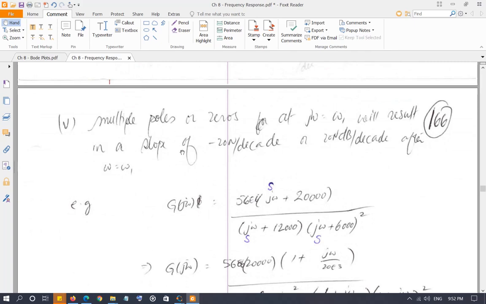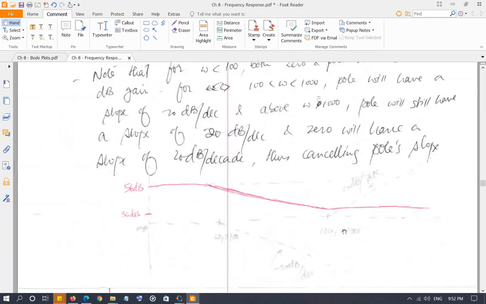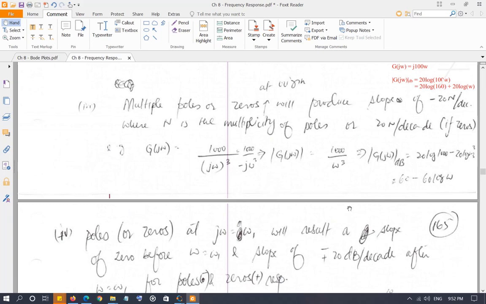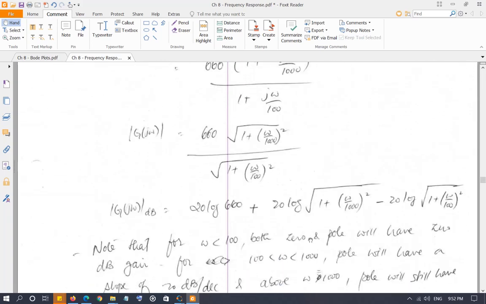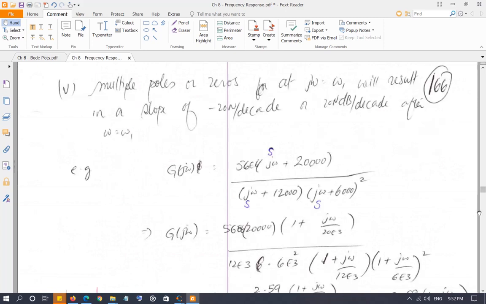And the fifth and last case is if you have multiple poles or zeros. That case is similar to what we have right here, if you have j omega cubed or squared and so on. An example is given here: 56 exponent 6, s plus 20,000, s plus 12,000, s plus 6,000. The problem that will be given to you will be in terms of s.